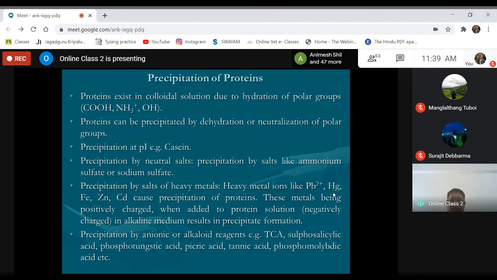Precipitation by anionic or alkaloid reagents, for example TCA, sulfosalicylic acid, phosphotungstic acid, citric acid, acetic acid, phosphomolybdic acid. If you add these to the protein solution, they also lead to the precipitation of the proteins. And some organic solvents also precipitate.